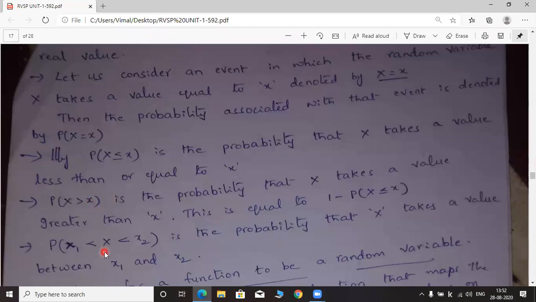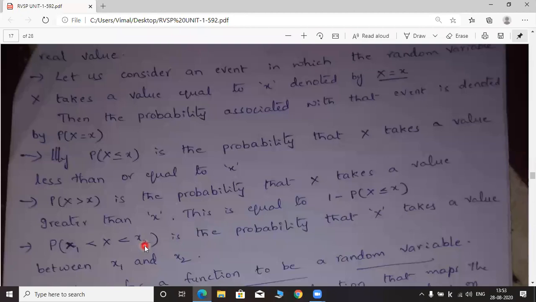What about the fourth event? Here there are two values, small x1 and small x2. Here the random variable capital X is taking the values in between small x1 and small x2.